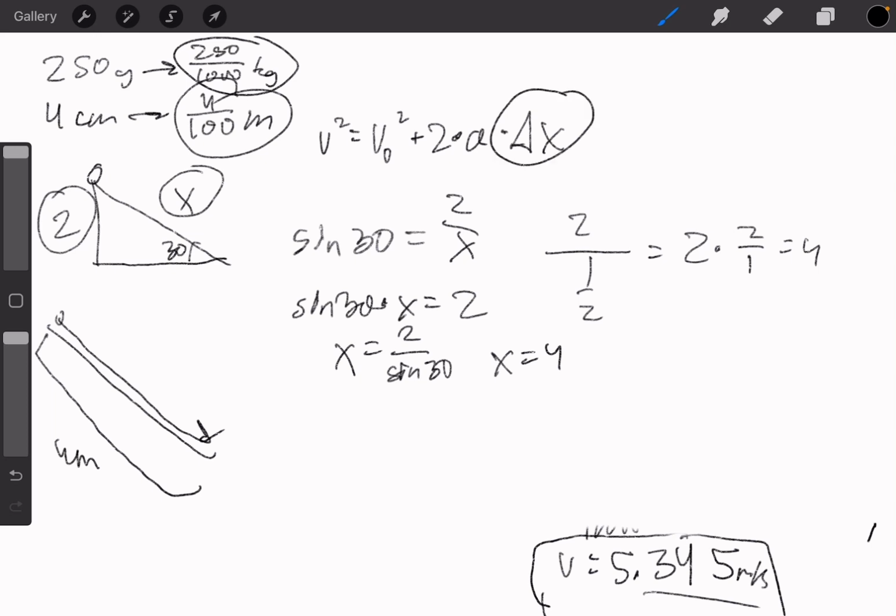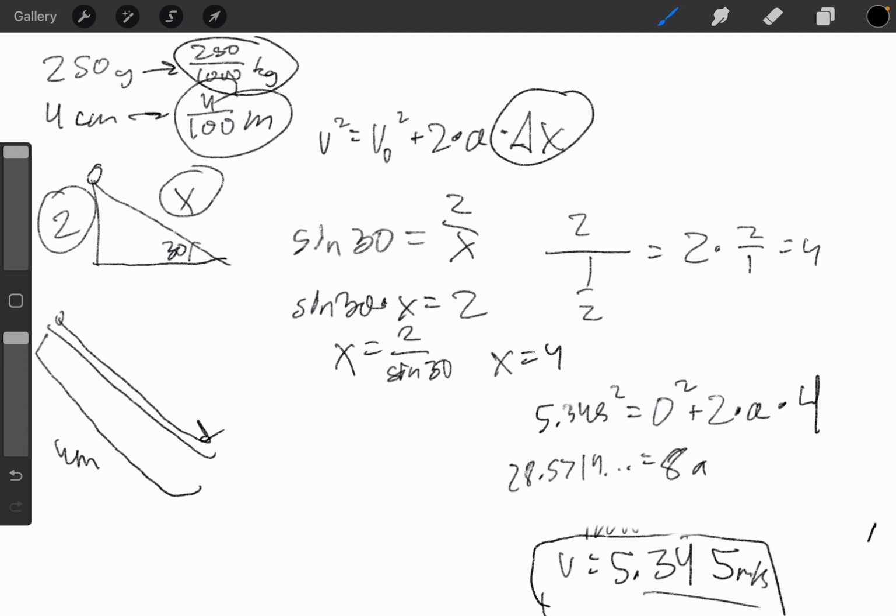And we already have the v. So now 5.345 squared is equal to 0 squared, because the ball starts moving from rest, plus 2 times a times delta x, which is 4. So 5.345 squared is 28.5714 dot dot dot, and that's equal to 8a.